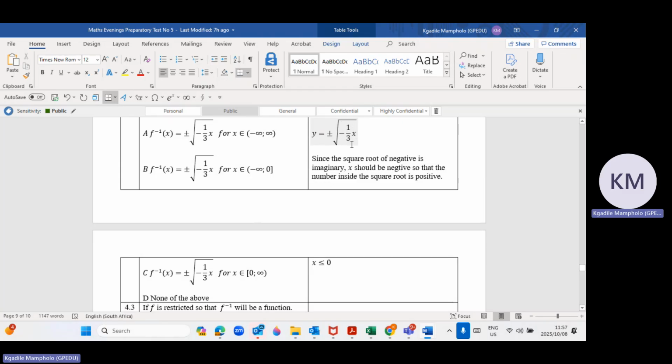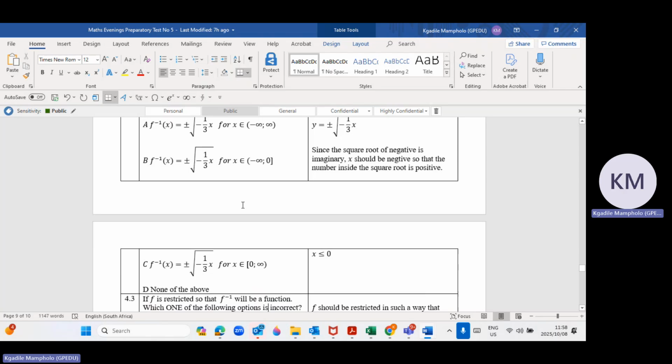For this thing to be valid, x must be less or equal to 0. If x is negative, negative by negative will be positive. So this will be valid. That is why we say the answer will be this one, plus or minus. But when x is less or equal to 0, therefore the correct answer will be B in this case.